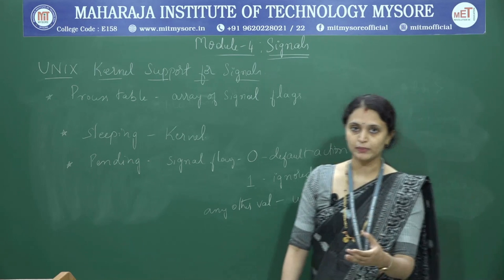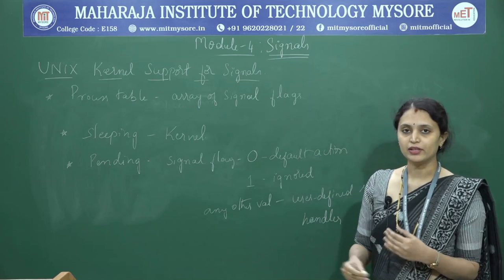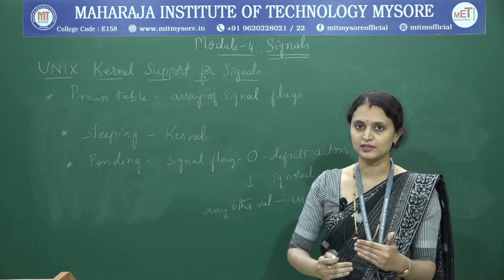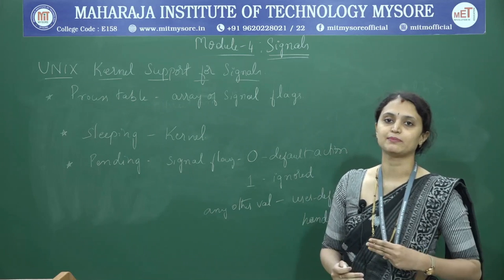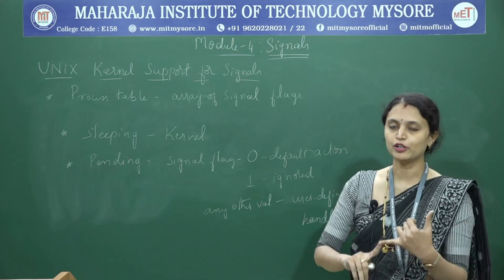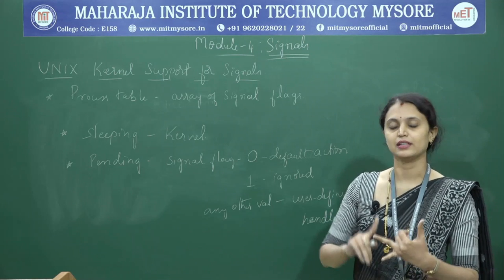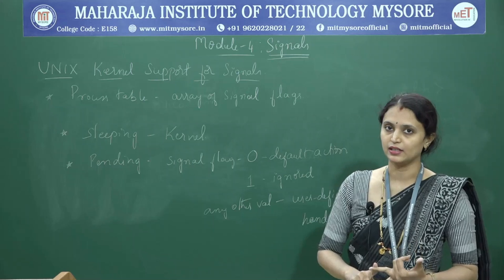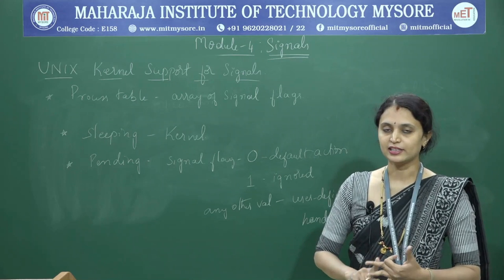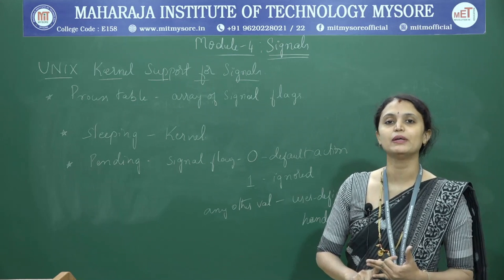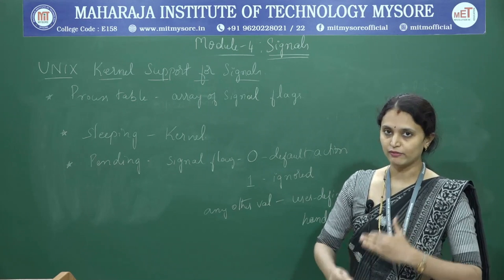If you remember, I told you that whenever a signal is pending at the process side, one of three actions takes place. The first is that the default action of the signal will be performed, the second is that it might ignore the signal, and the third is that the corresponding user defined function, nothing but the user defined signal handler, will be executed.